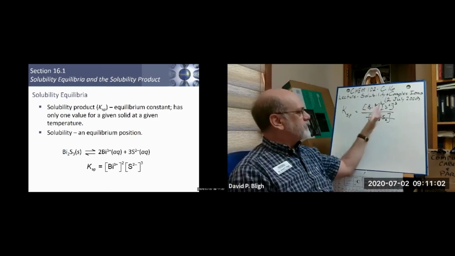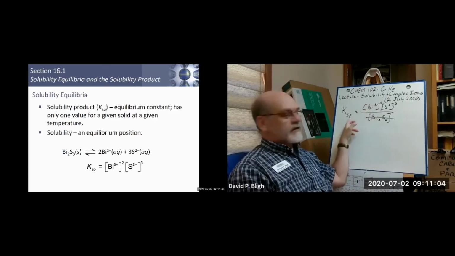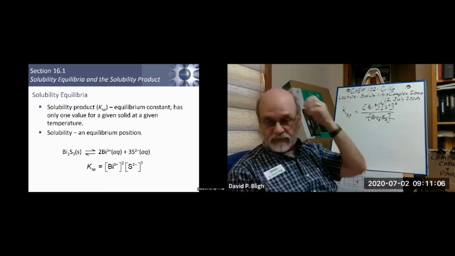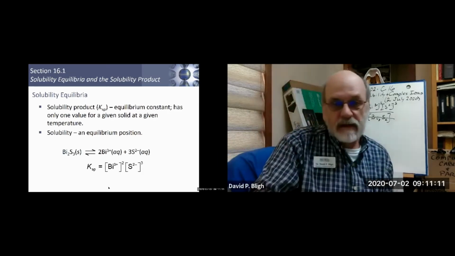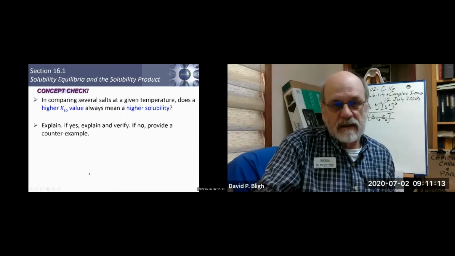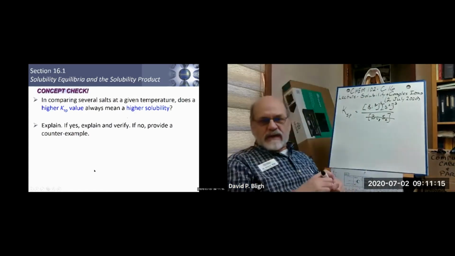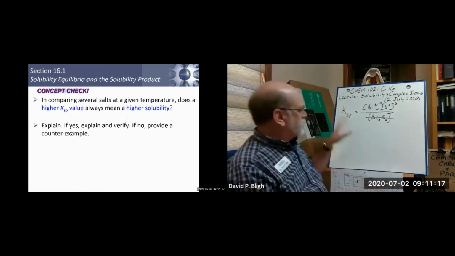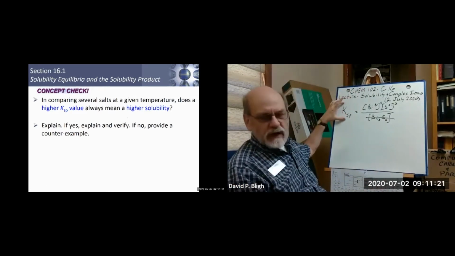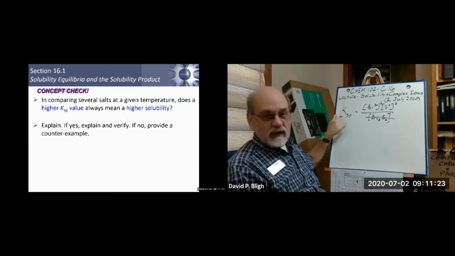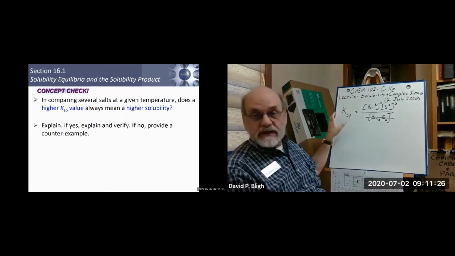And we have these two as products, so that's why it's the solubility product. And the next, of course, you're familiar with the equilibrium constant. Of course, the only thing that'll make that change is temperature.